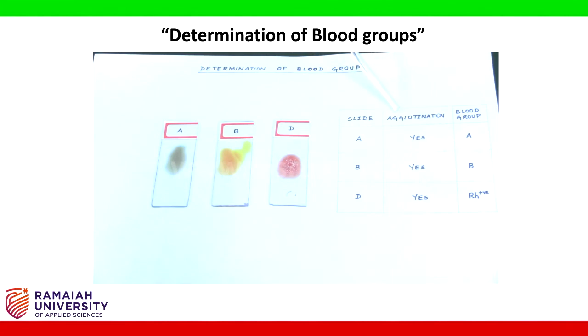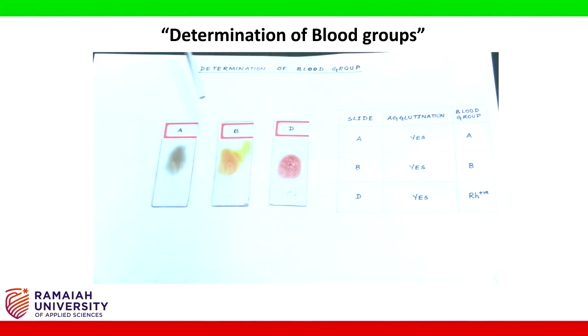And if there is no agglutination in slide A and B, then the blood type is O. If there is agglutination in slide D, then the blood is said to have Rh positive factor, and if there is no agglutination in the slide D, then the blood is said to contain Rh negative factor.